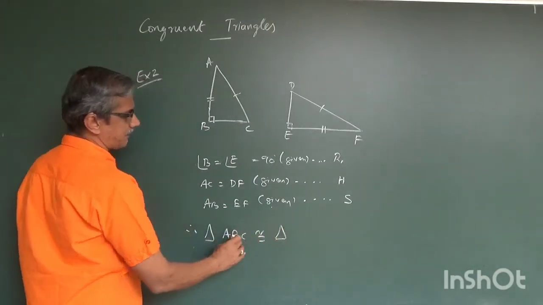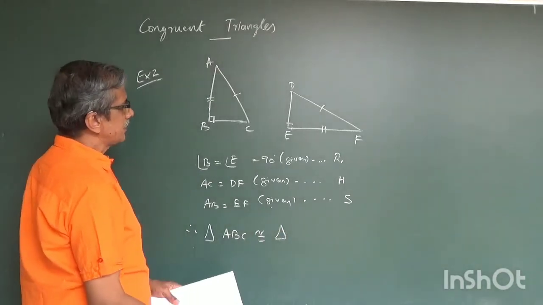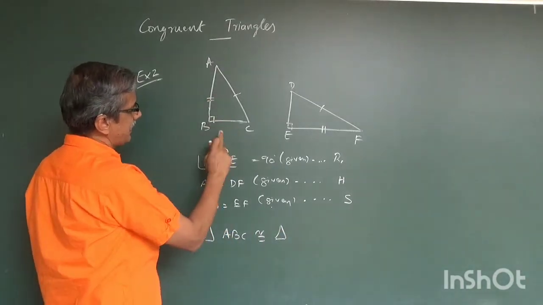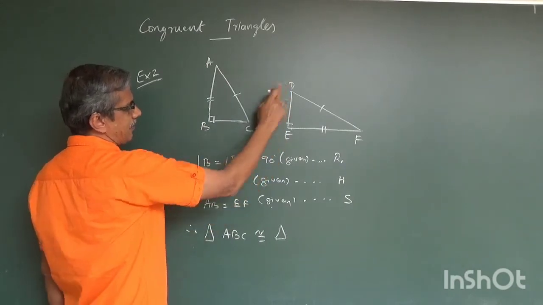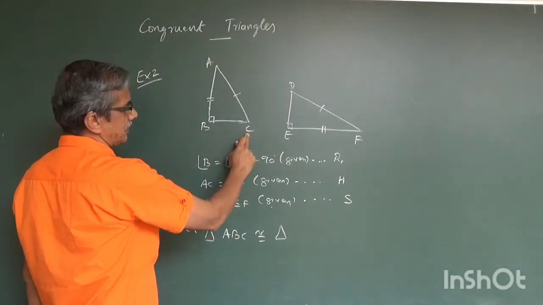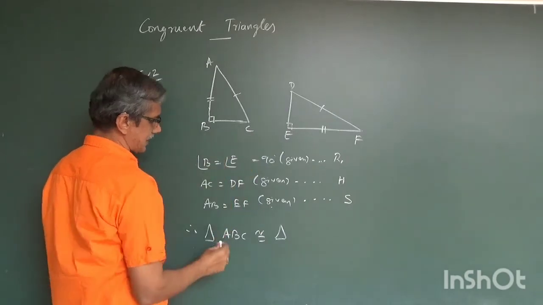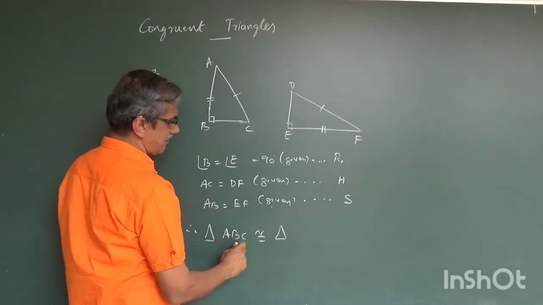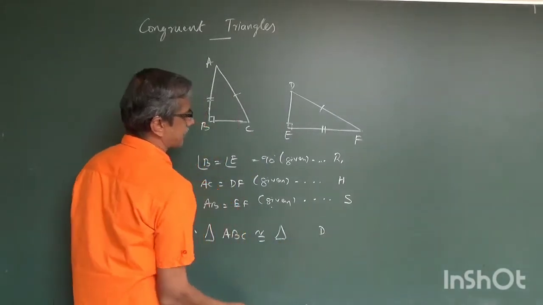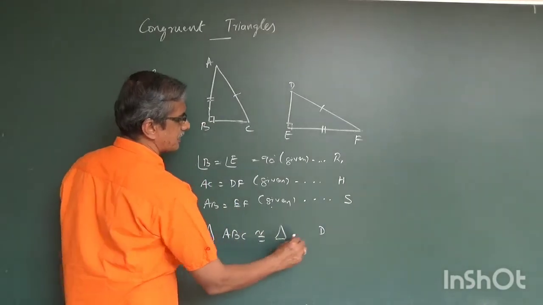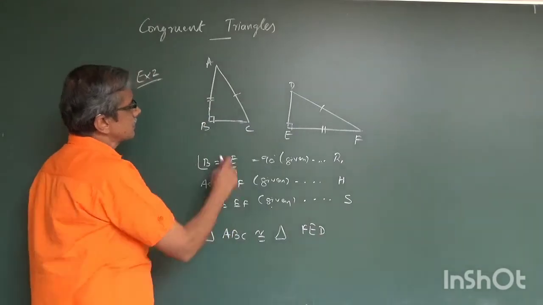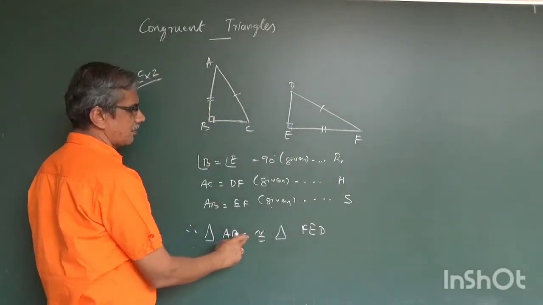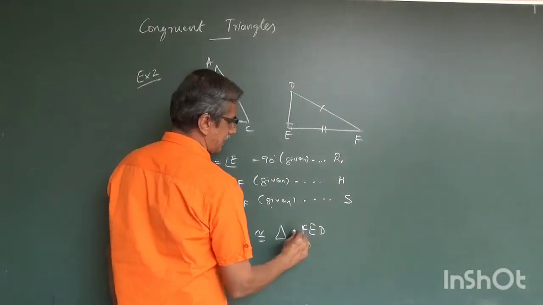Now you have to be careful about the sequence. B and E will match. C will match with D actually, so you have to understand that. So C matches with D, and then E and F. So A will match with F. So triangle FED.